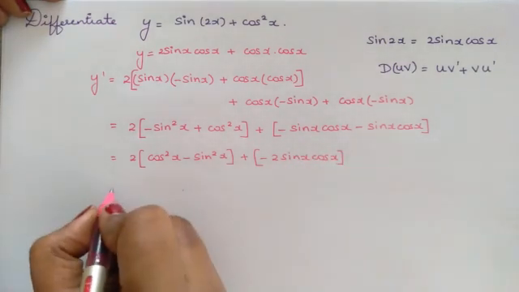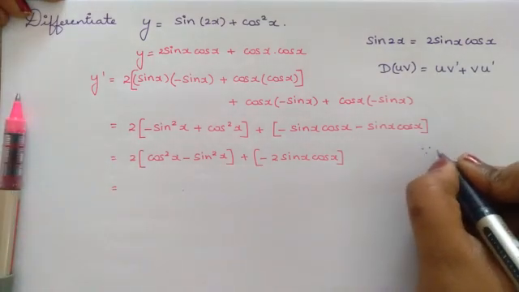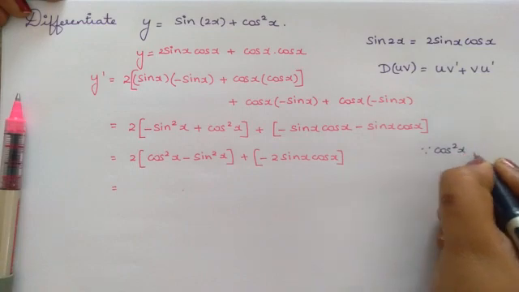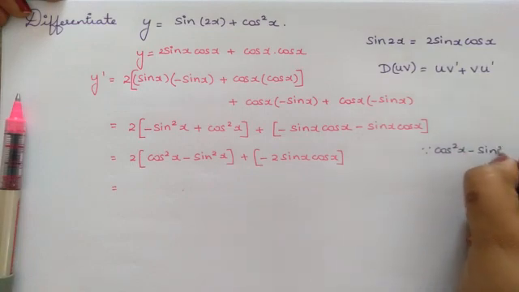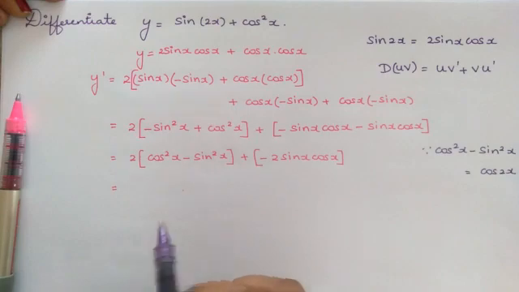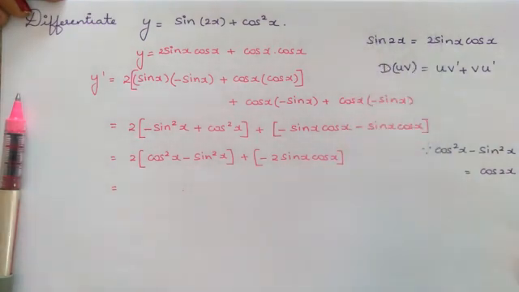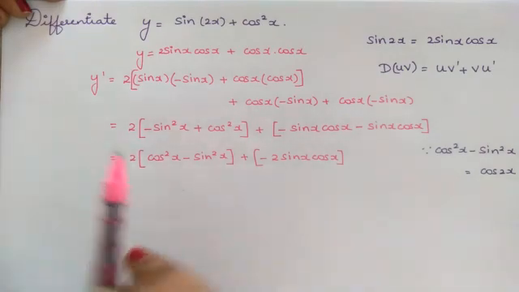Now we have to go to the trigonometrical identity. Since we know that cos square x minus sin square x equal to cos 2x, instead of this, we are going to replace it as cos 2x, and 2 sin x cos x is nothing but sin 2x. These two replacements we are going to make here.